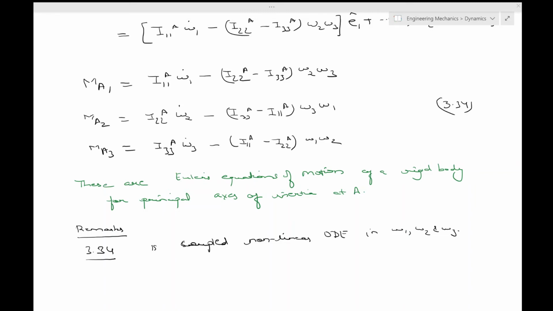So what you want to do is you want to write this to get the orientation of this. You have to express omega in terms of the Euler angles, and let me do that over here.